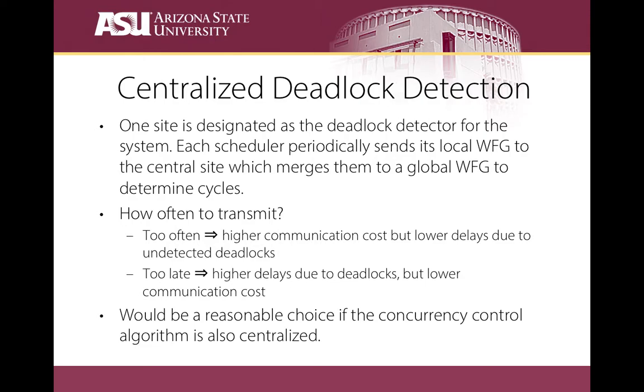This site will combine all the wait-for graphs together and look for cycles. If there is a cycle, that means there is a deadlock, and now that you detected the deadlock, you can deal with it.